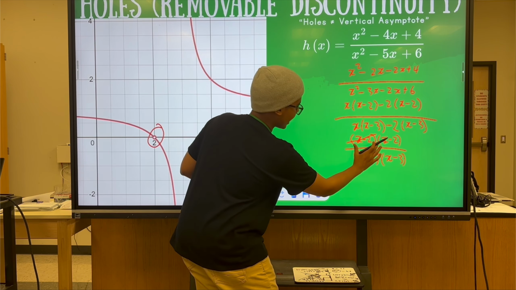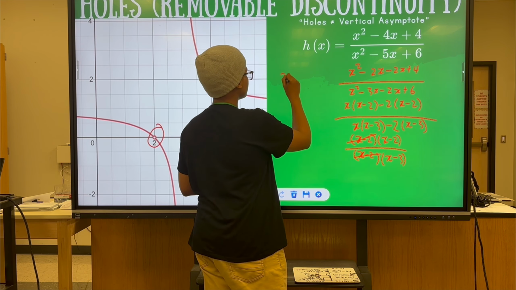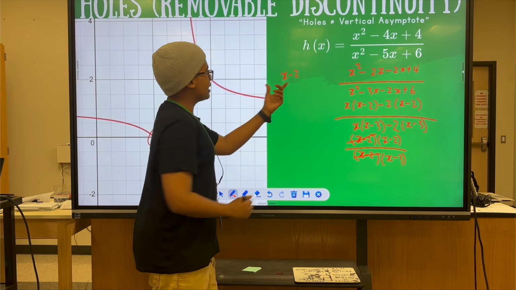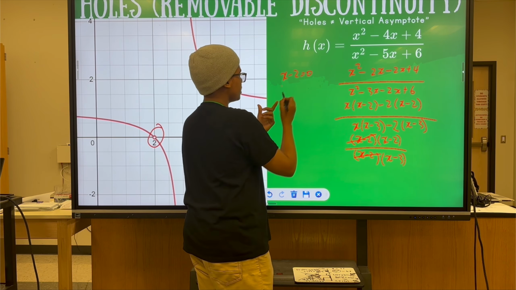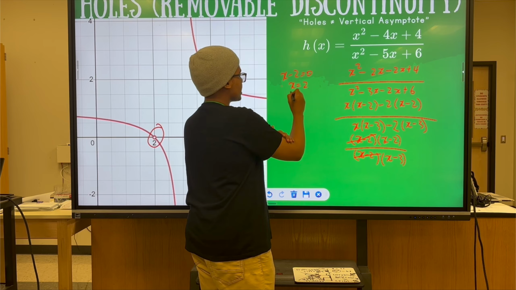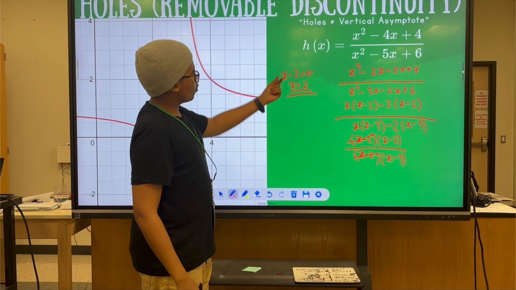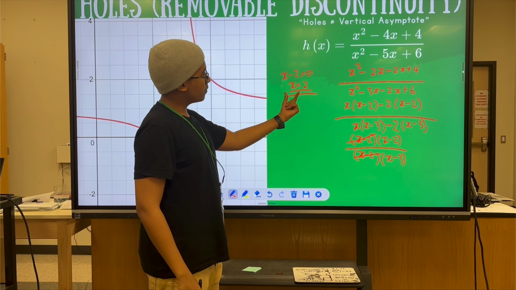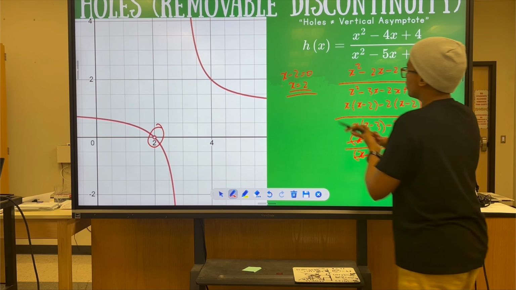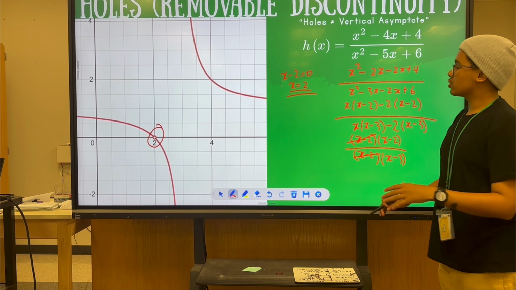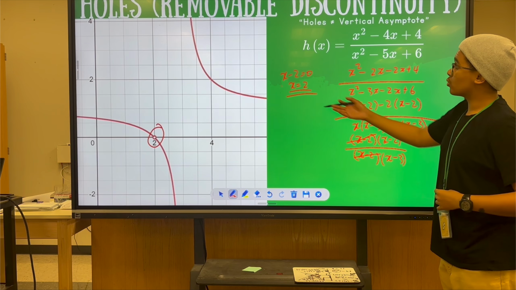But let's take that common root, x minus 2 itself, and set it equal to 0. When we find the root, it would be at x equals 2. So basically what this infers is that when x equals 2, the graph just skips a point. So the graph doesn't exist at x equals 2.